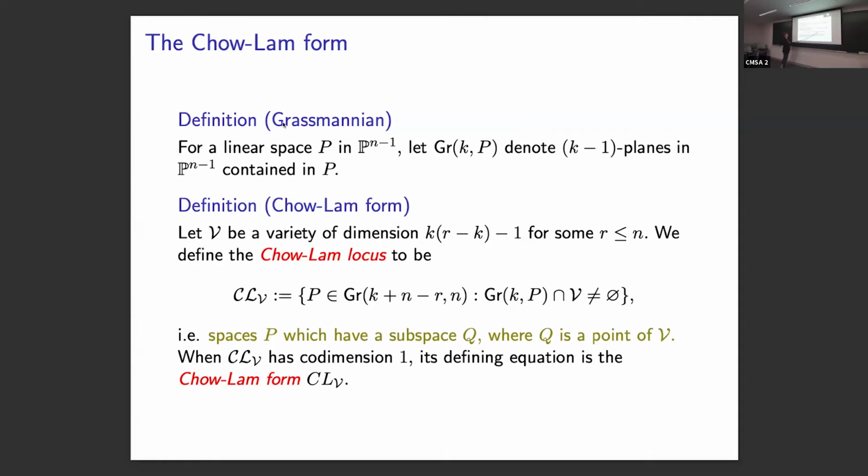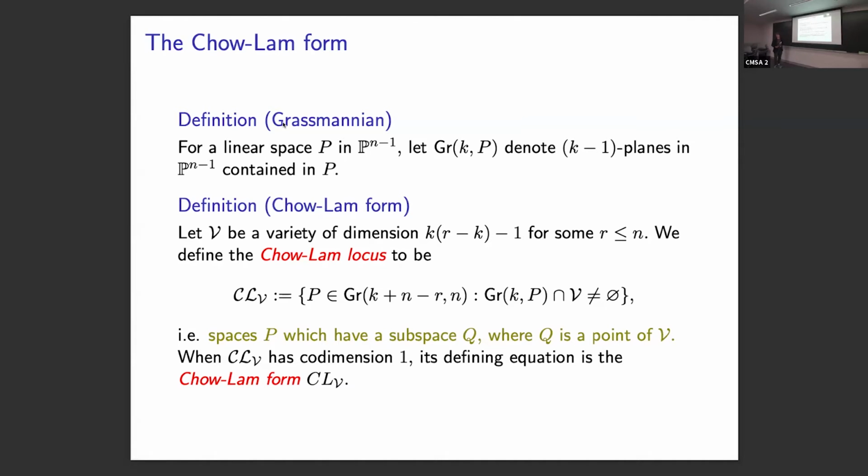Here I have a different way of writing this, just to connect it more clearly to the Chow form and to some other things that we'll see later. But this is what we should really be thinking of for our examples.